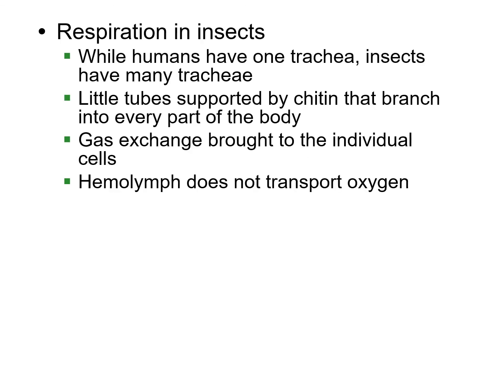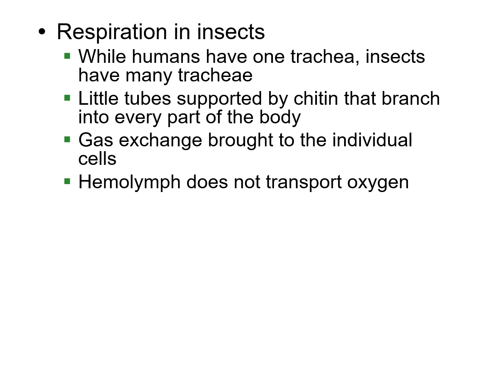Now, one thing we're going to talk about is that respiration in different species changes quite a bit. So for us, it's a pretty clear process. But as we saw when we dissected the grasshopper, it's quite different for insects and other animals.